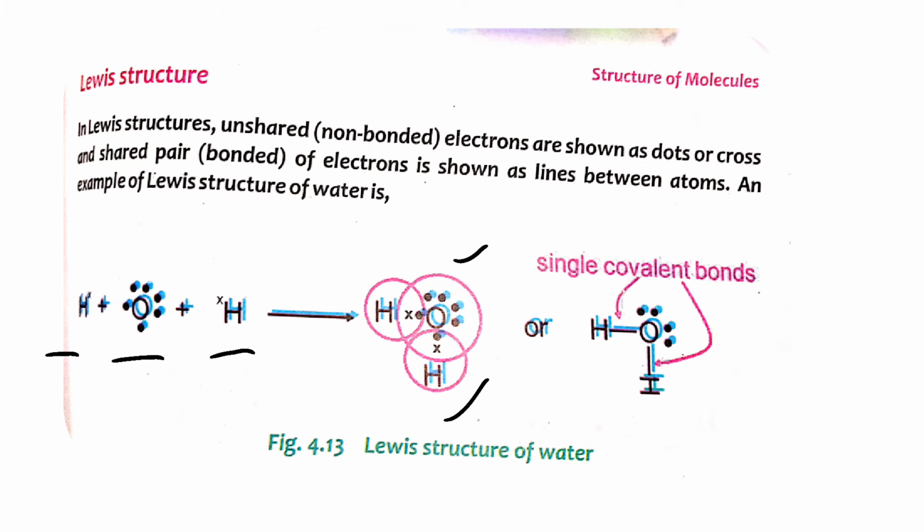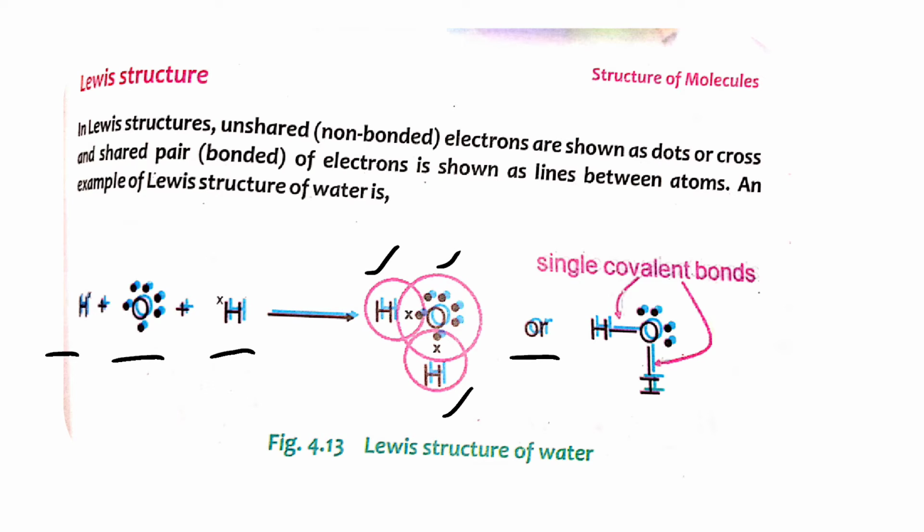Now this electron is shared with the oxygen atom, and the circle of this hydrogen contains 2 electrons. It means this hydrogen is completed. The circle of this other hydrogen also contains 2 electrons, so it is also completed. And the circle of the oxygen now contains 8 electrons: 6 dots and 2 crosses from the 2 hydrogens.